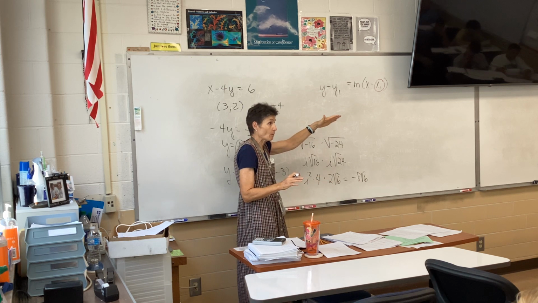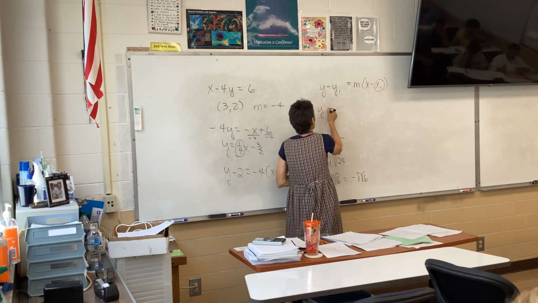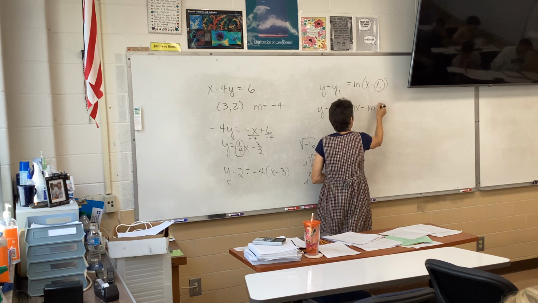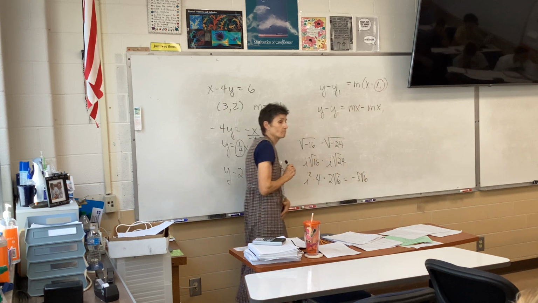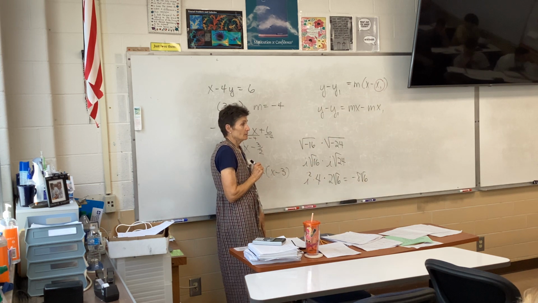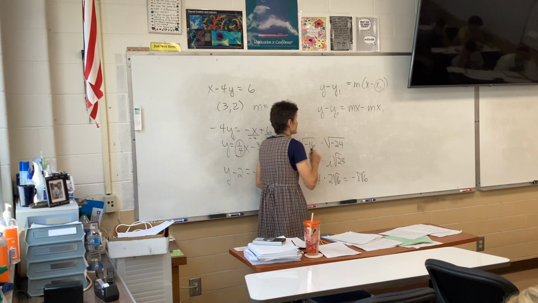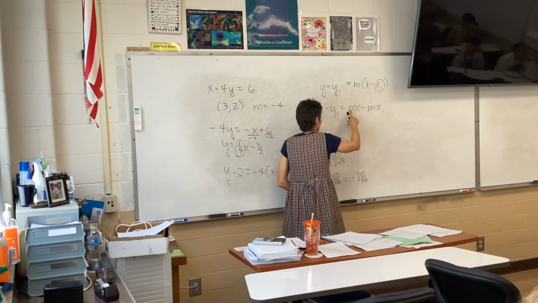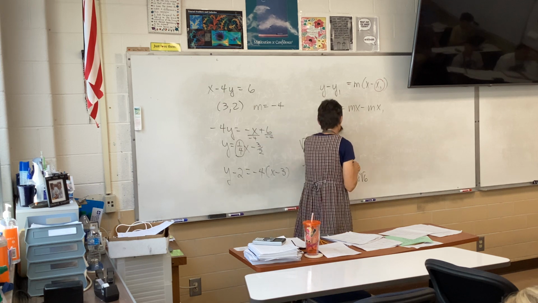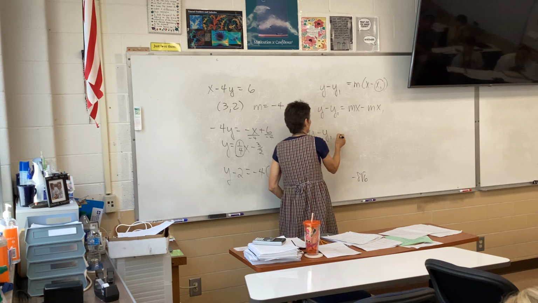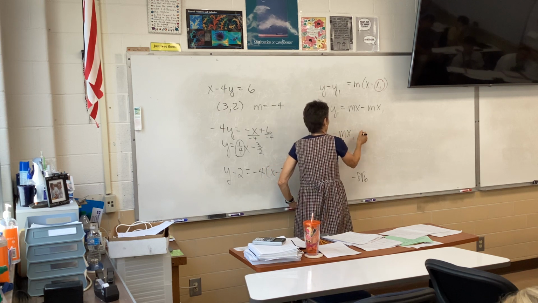You don't have to do it that way, but that would be one option. Okay, so far? And then, since I'm solving for that, I might subtract this over. So y minus y sub 1 minus m x sub 1.